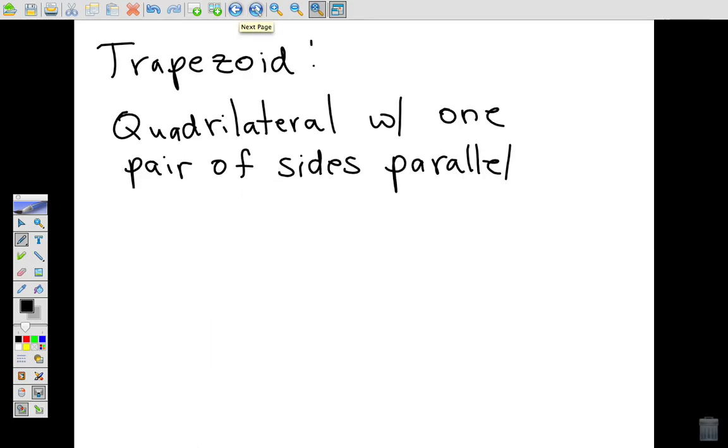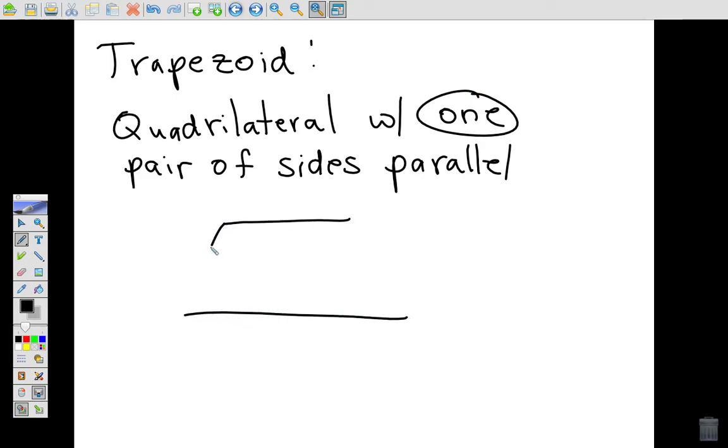Now a trapezoid is also a quadrilateral, a four-sided figure, but now we only have one pair of sides parallel. So a typical looking trapezoid might be something like this, where one pair of sides are parallel, but the other pair is not. Remember what we mean by parallel.